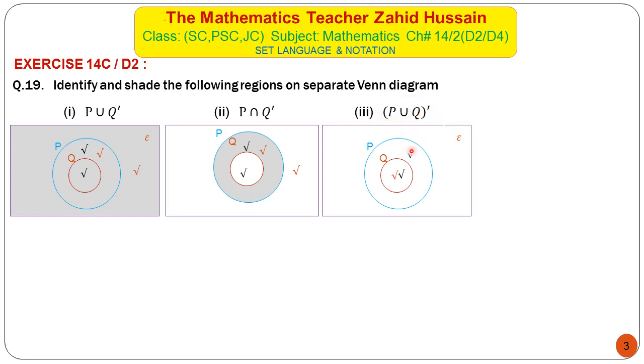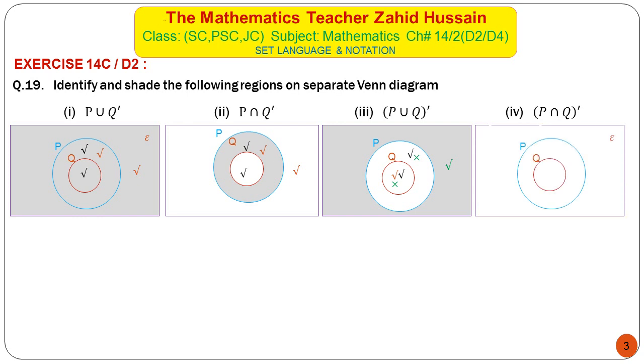That region or those regions which have one tick or two ticks. So this is P union Q, this region and this region also. Because we need the complement, complement means the region outside these. We do not need these because we need the complement of this. What we need is this region to shade. So we will shade this region like this.